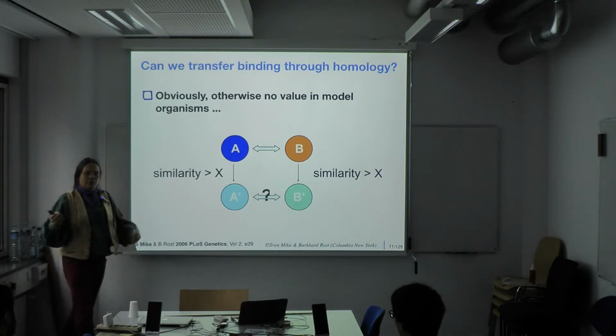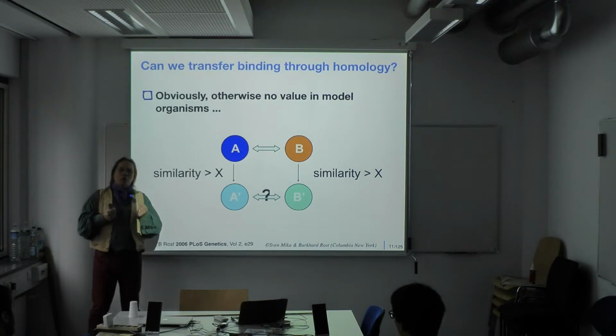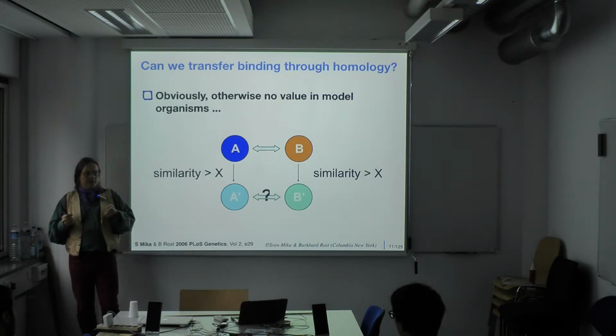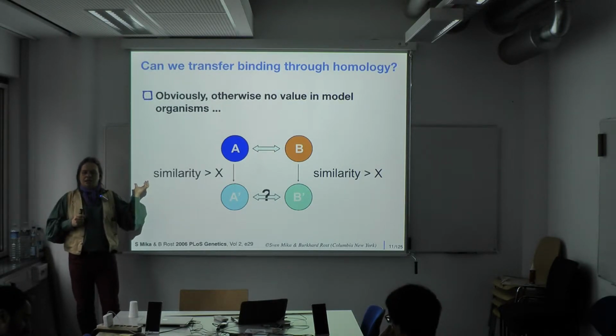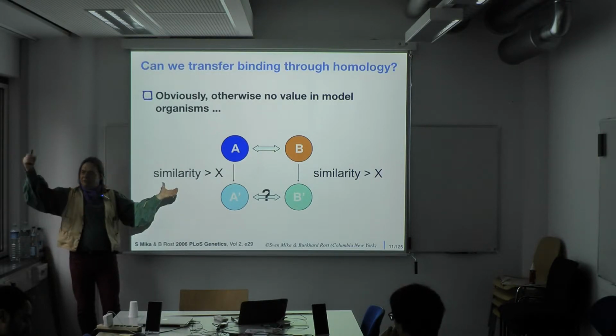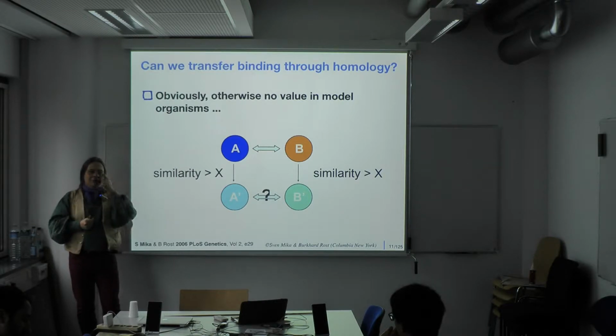Because ultimately, protein interaction is one of the crucial components of protein function. Proteins don't function without binding partners. They function in networks. They function in concert. Okay? The base unit in some sense is the interaction. That means that if you could not infer from A and B in mouse to A prime and B prime in human, there would be a problem.